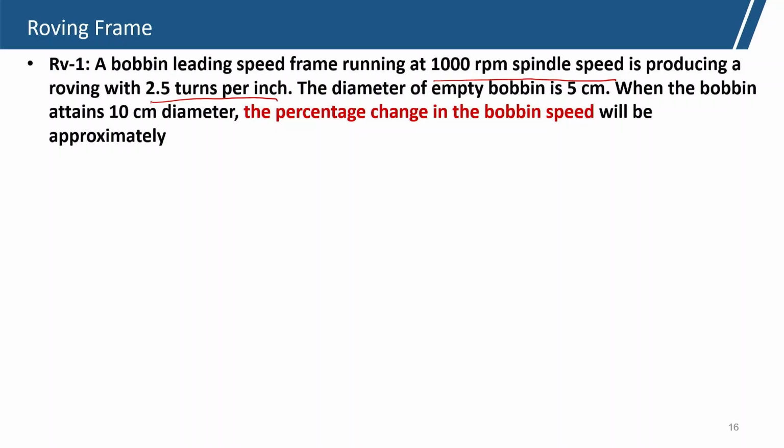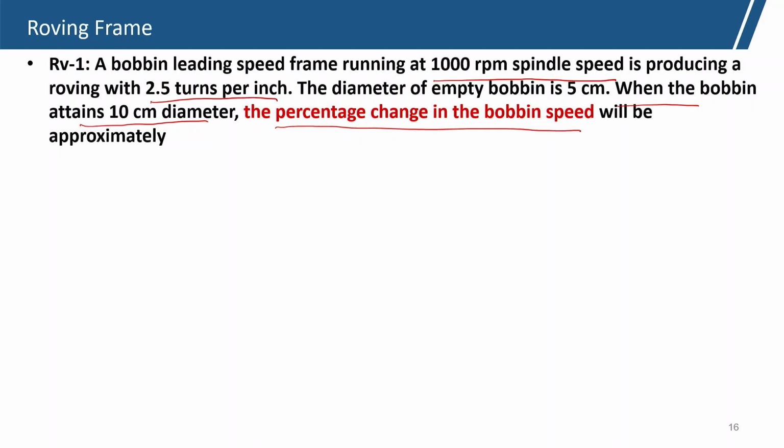The diameter of empty bobbin is 5 centimeter. When the bobbin attains 10 centimeter diameter, the percentage change in bobbin speed will be.